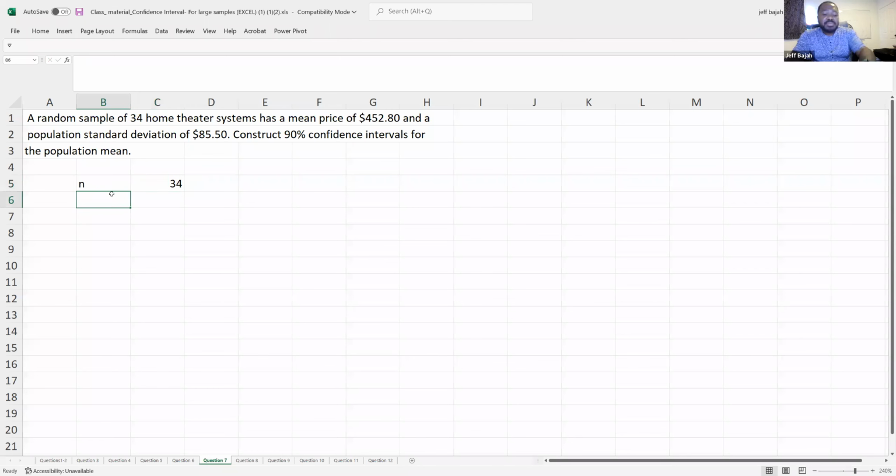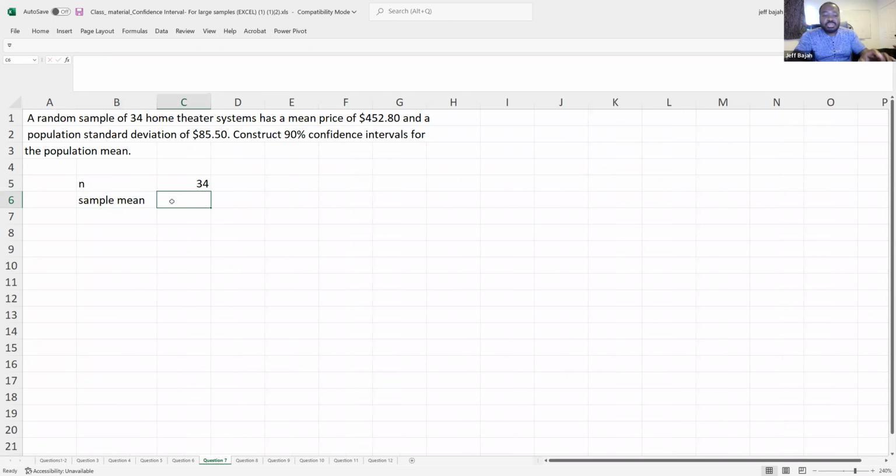And the sample mean of those 34 that you selected is $452.80. And you are told that the population standard deviation is given as 85.50. You're told to construct a 90% confidence interval.